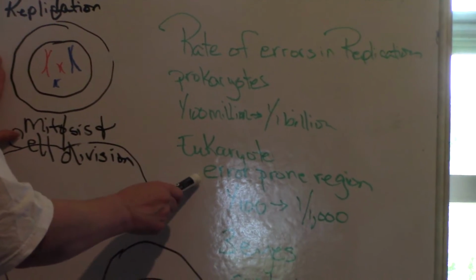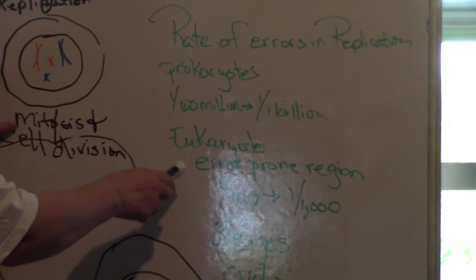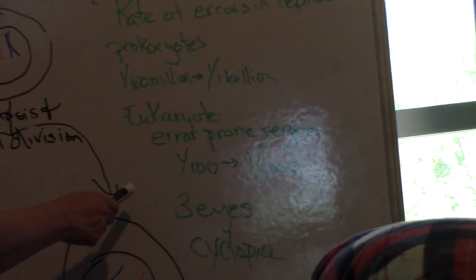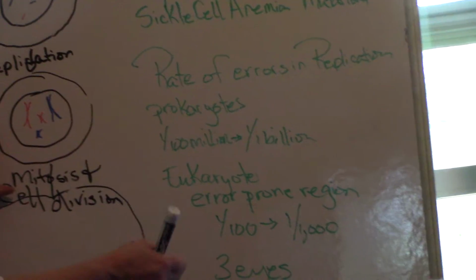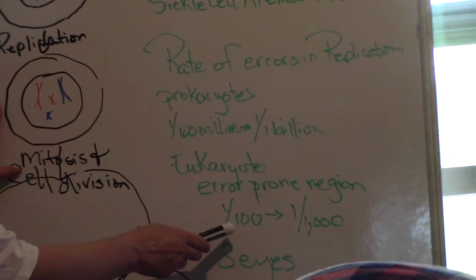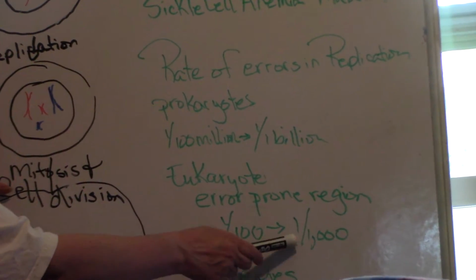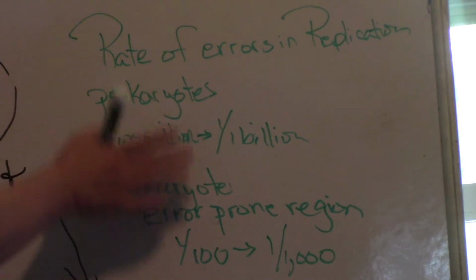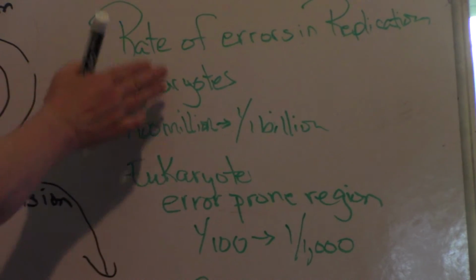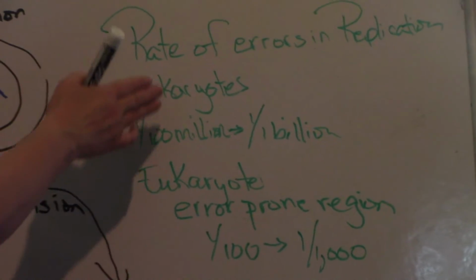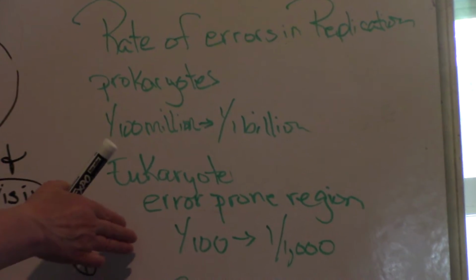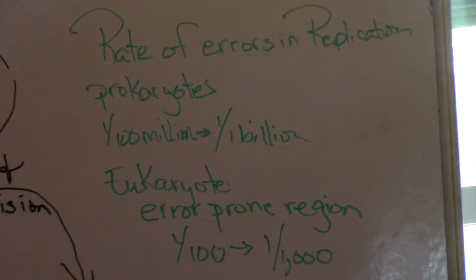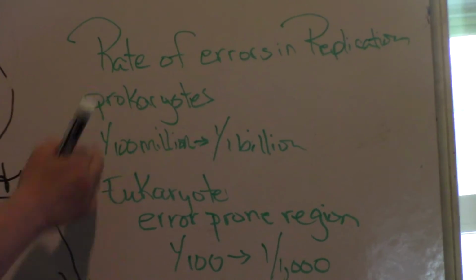And there's a certain error-prone region in eukaryotes on one of the pieces of chromatin associated with a chromosome, where it's 1 in 100 to 1 in 1,000. So now, a lot of times DNA repair will occur. You don't always get a persistent mutation because it's fixed. But yes, errors do occur.